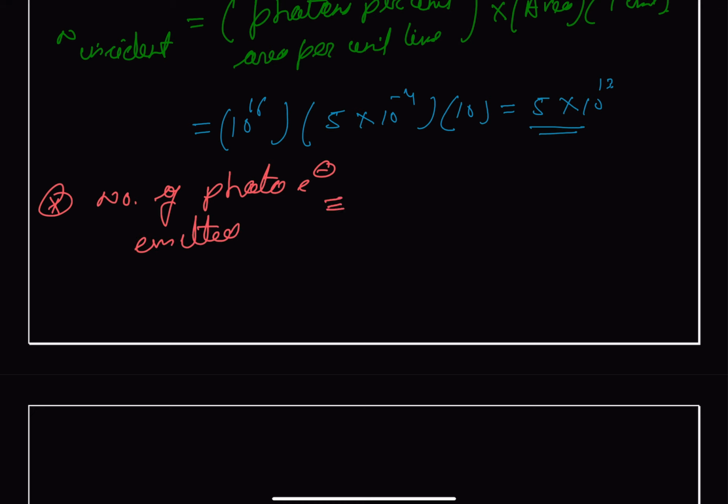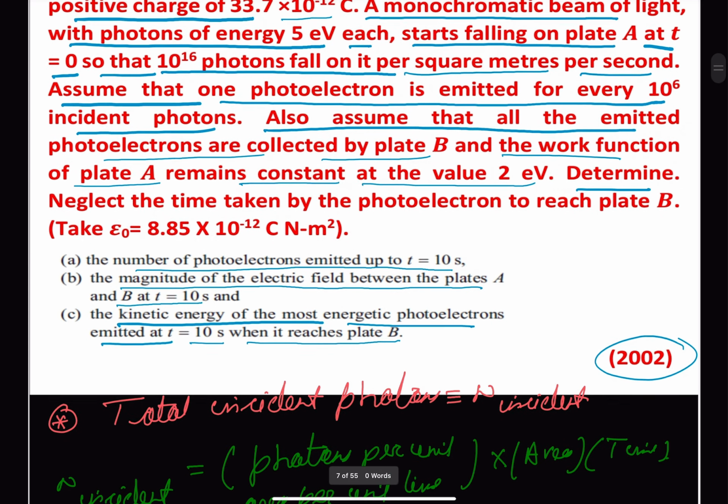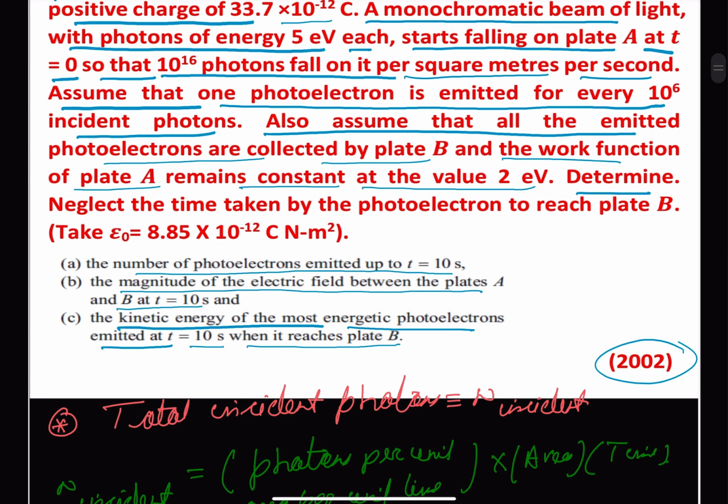Let us call this n emitted, and this will be equal to the total incident photons, n incident, divided by the emission ratio, that is 10 to the power 6.